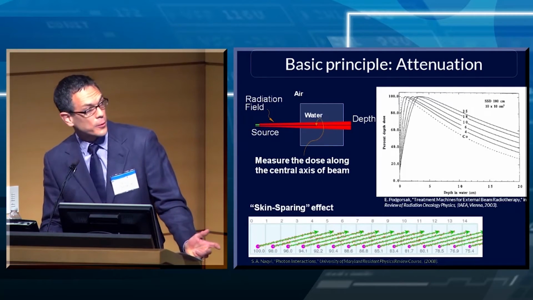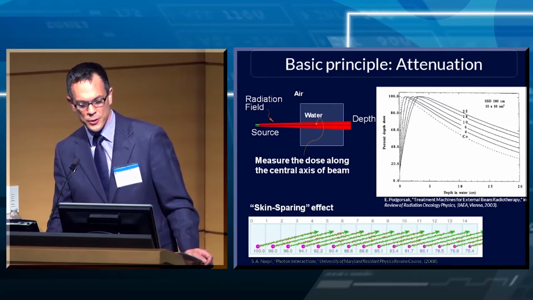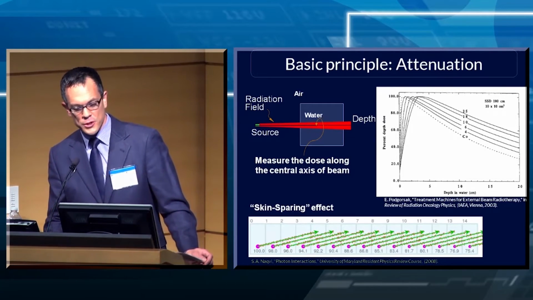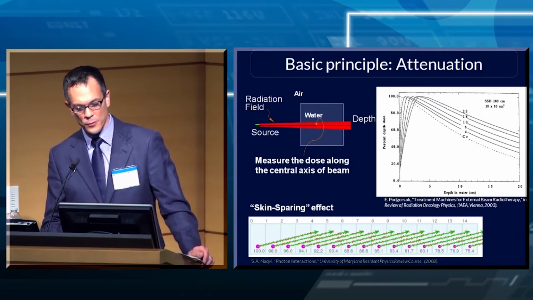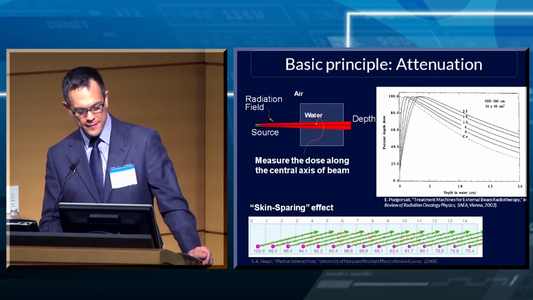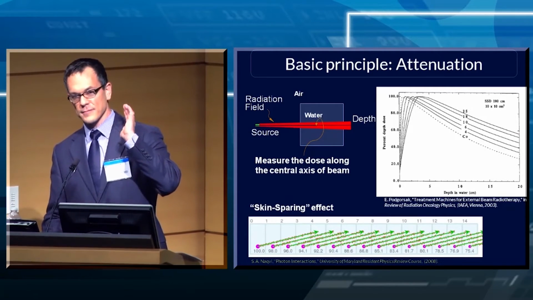This is actually an important point for all radiation therapy, including radiosurgery, where this portion of the curve is called the buildup region, and that's why you can irradiate somebody with high energy photons without destroying their skin. So it's called the skin sparing effect. And the reason why that happens is because the photons, when they create electrons, tend to create them downstream.